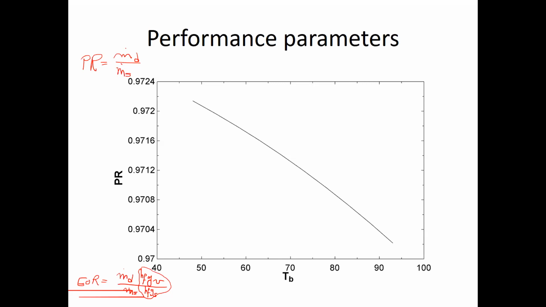Here TB is the temperature of saturation in the evaporator. The temperature of the vapor, to remind you, is TB minus the boiling point elevation. The boiling point elevation is the temperature change due to the existence of salt in the unit.